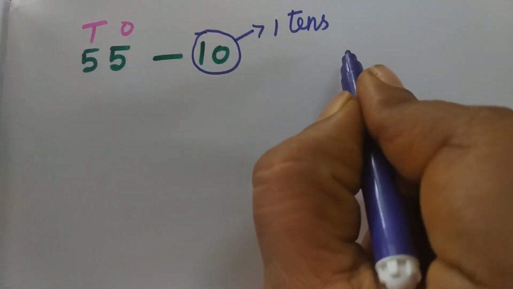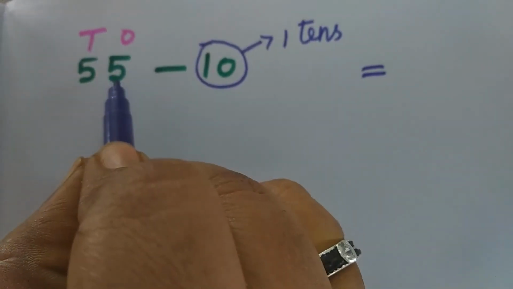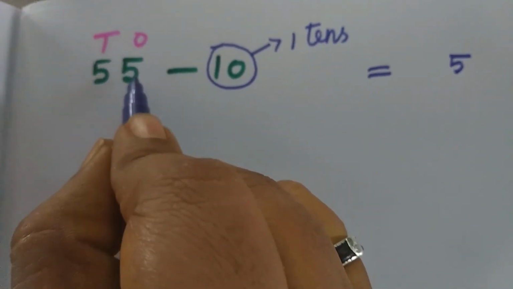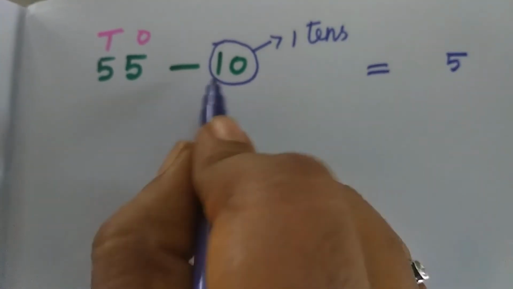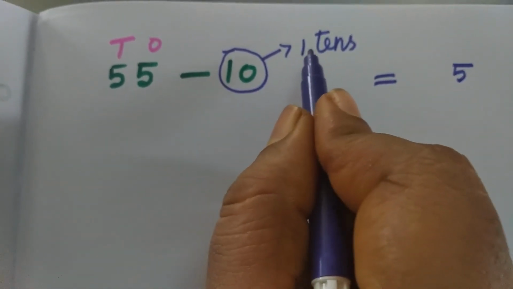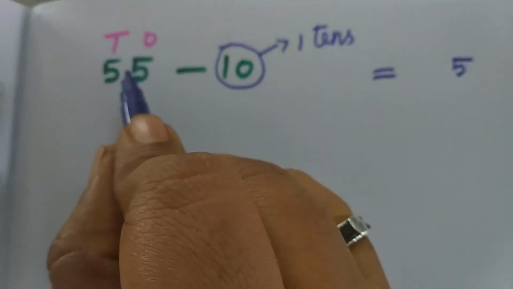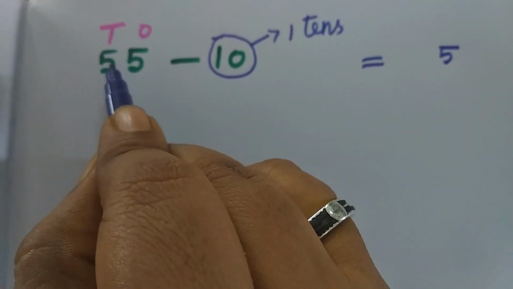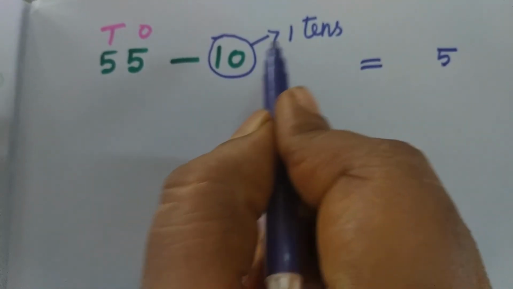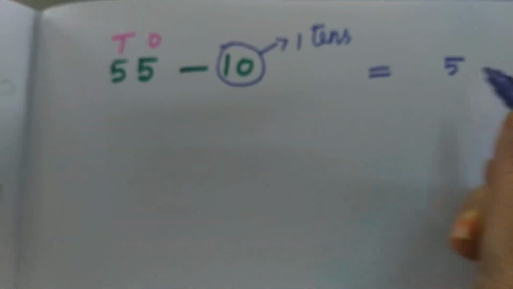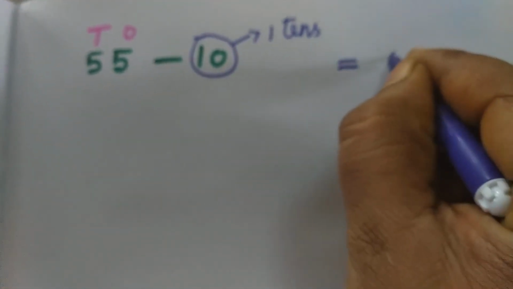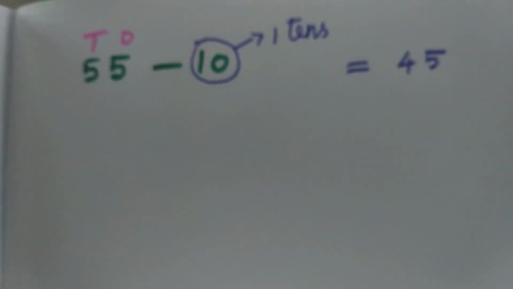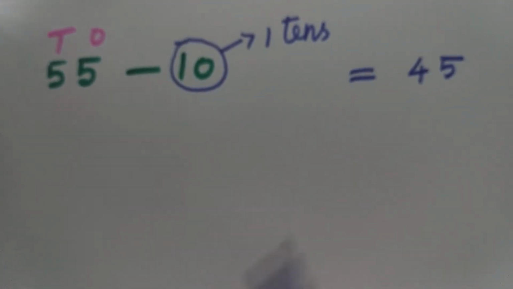In ones place, the number you have, you want to take and write as it is, 5. And this 10 means 1/10, so you are subtracting 1/10 from this number 5. In tens place we have 5 tens, and if you subtract this 1/10, the number will become 5 minus 1, 4. So what is the answer? 45 is the answer.